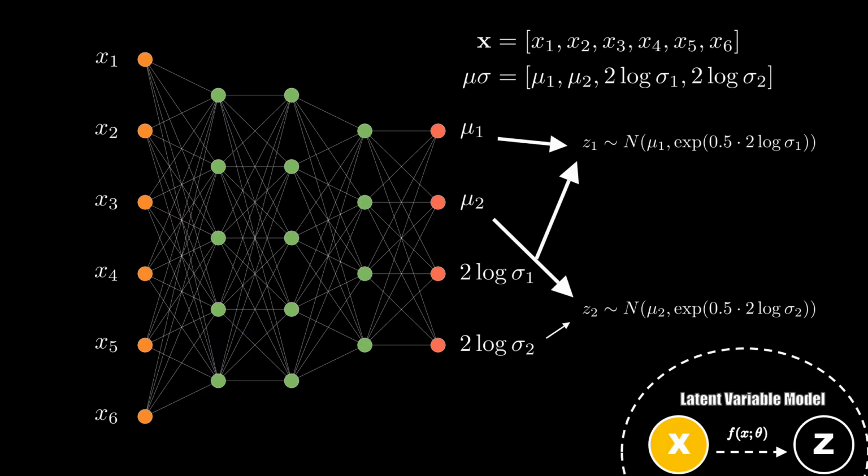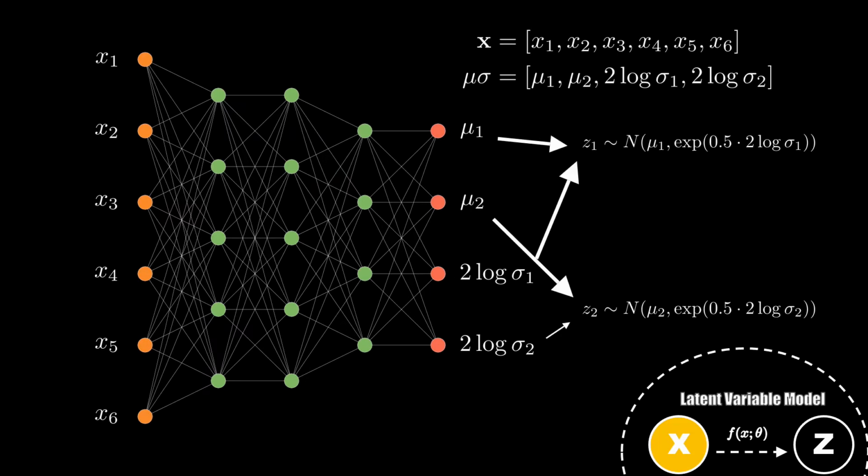So to first cancel the 2 in 2 log sigma, we multiply it by 0.5. So half and 2 will cancel each other. And then we pass the result to the exponentiation function, which should cancel the log, leaving us just with the standard deviation. A sweet, cute, crafty trick.